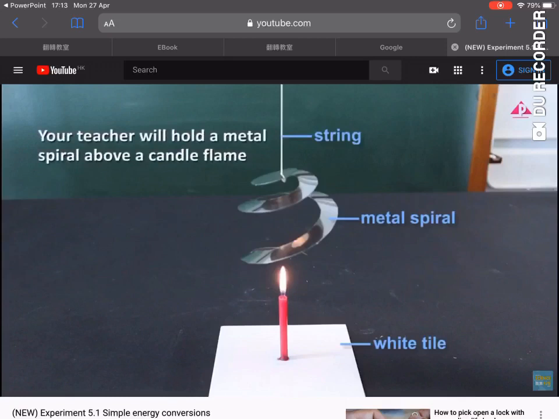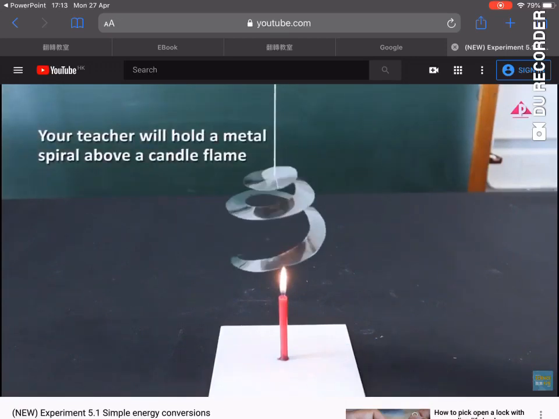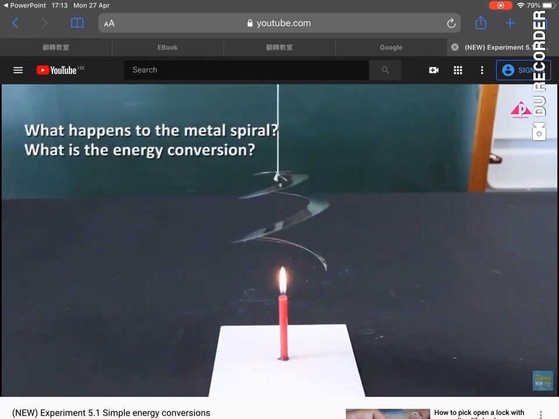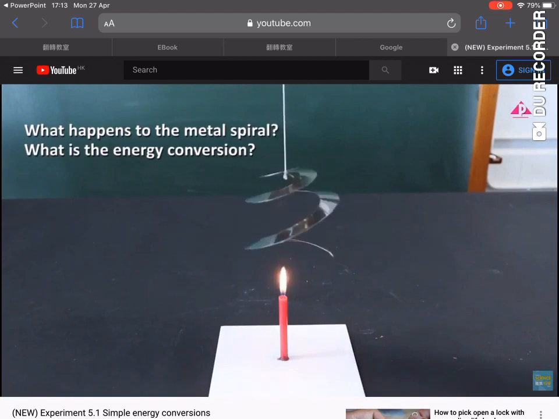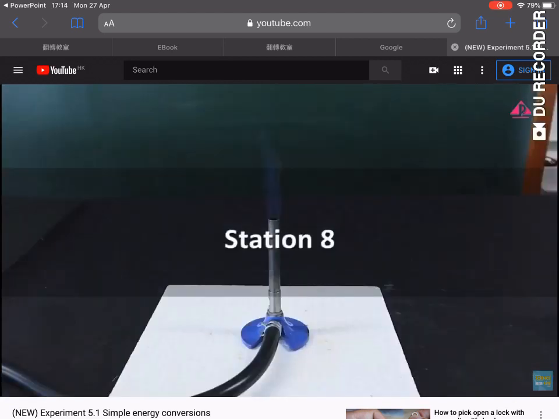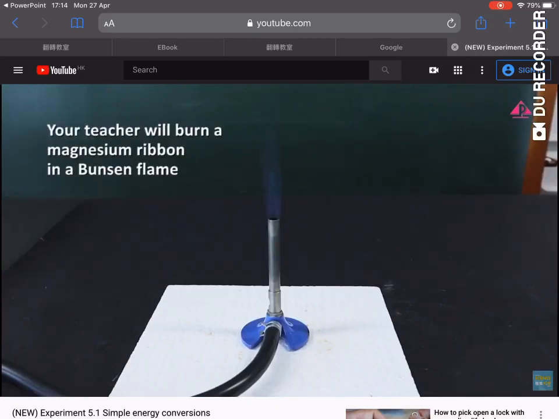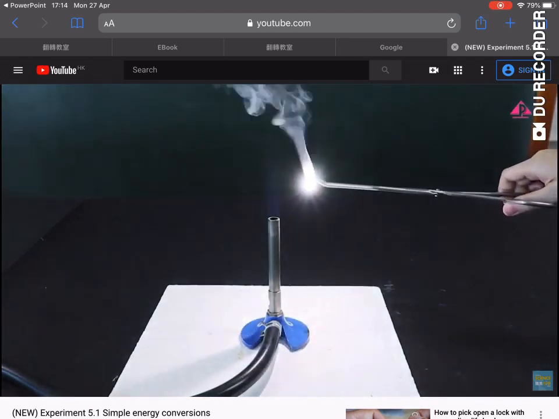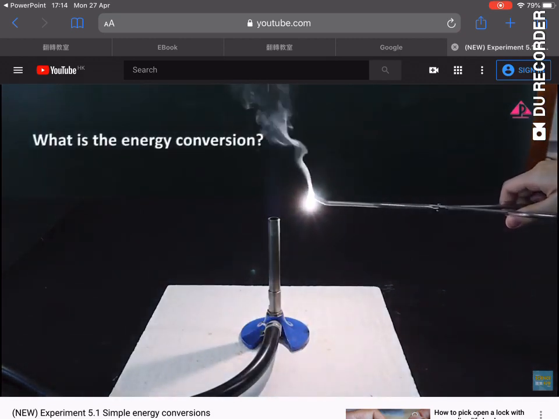Your teacher will hold a metal spiral above a candle flame. What happens to the metal spiral? What is the energy conversion? Your teacher will burn a magnesium ribbon in a Bunsen flame. What is the energy conversion?